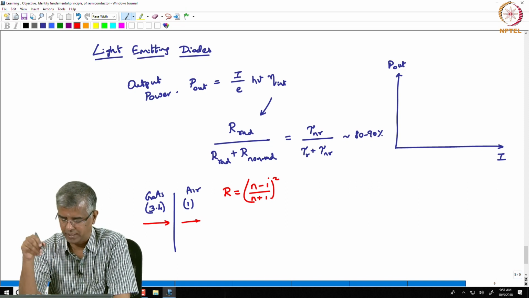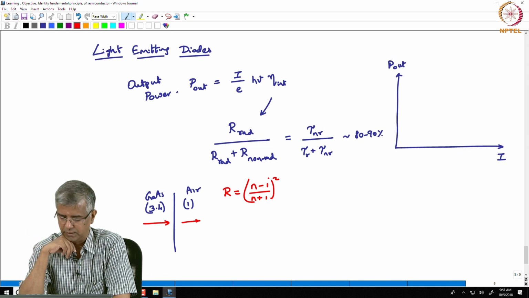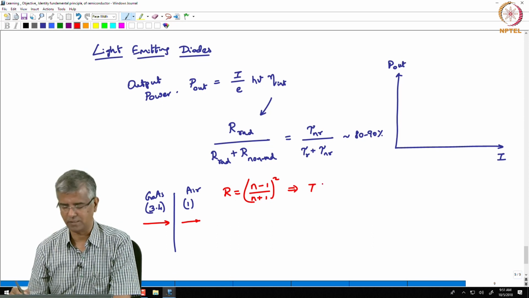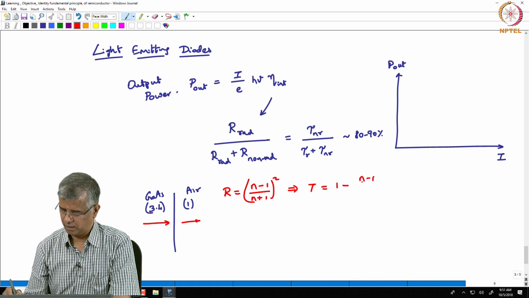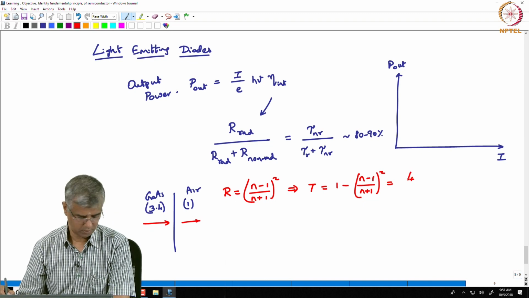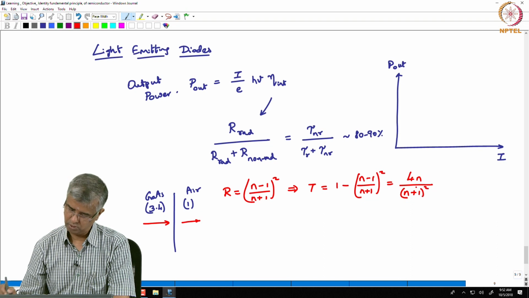Like I said, if you put n equal to 3.4 and compute this, that will probably come out to be about 30%. So this implies that the fraction of light that is transmitted is given by 1 minus ((n minus 1) over (n plus 1)) the whole square, which is not approximately, it is equal to 4n over (n plus 1) the whole square.